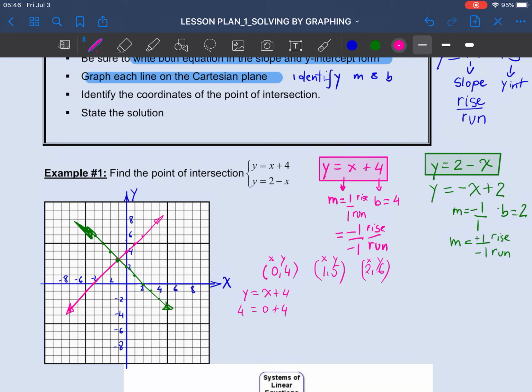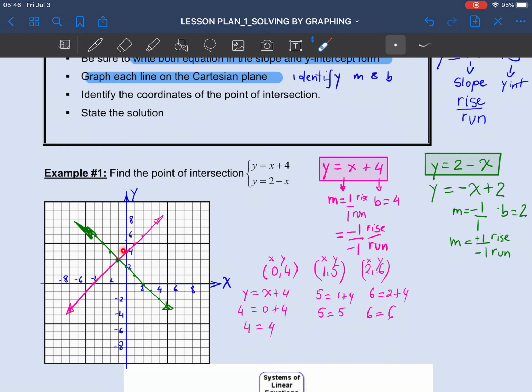So 4 equals 0 plus 4. Is this true? Yes. If x equals 1, y equals 5. So you can say that 5 equals 1 plus 4. Is this true? I'm going to say yes again. Y equals x plus 4, or 6 equals 2 plus 4. Is this true again? And we're going to say yes again. So as you see, all these points will satisfy this equation.